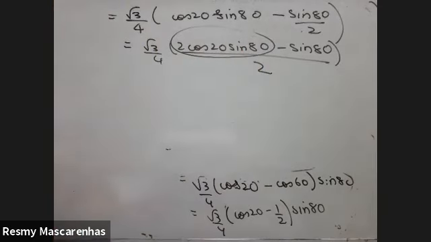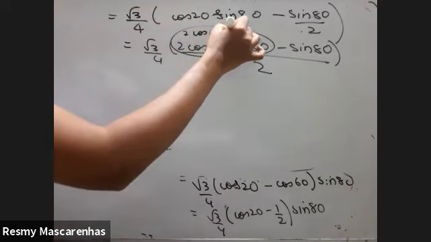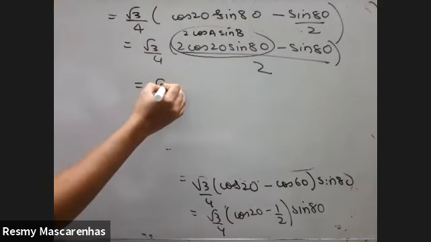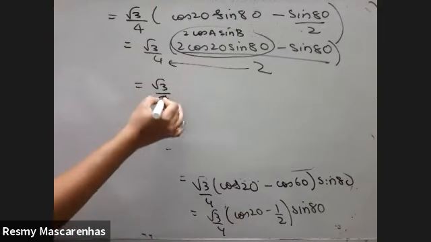This is what? Use the 2 cos A sin B formula. And this will get multiplied here, become 8.